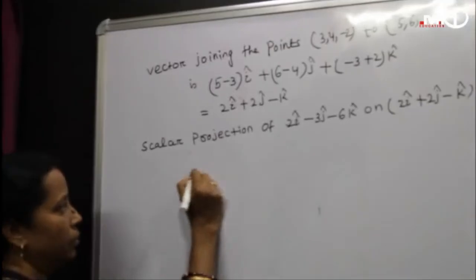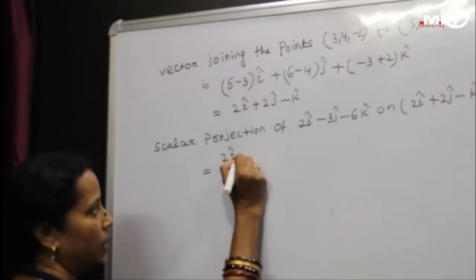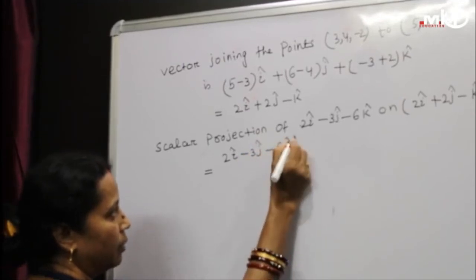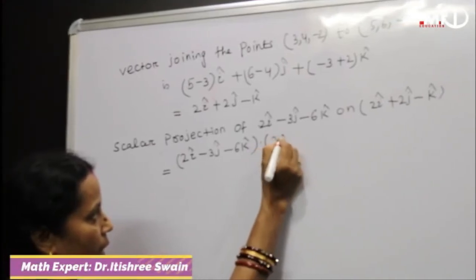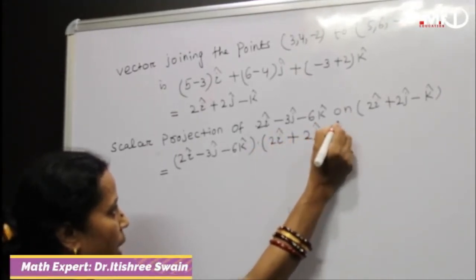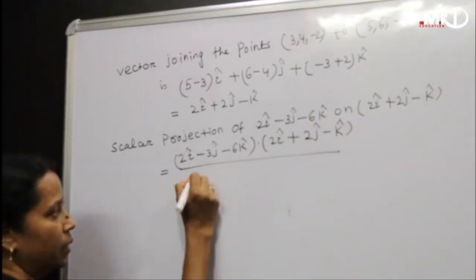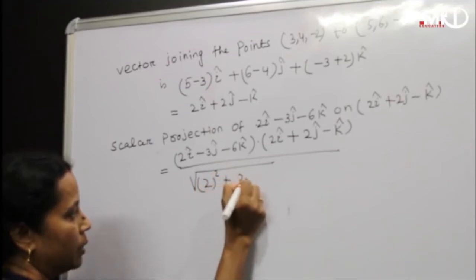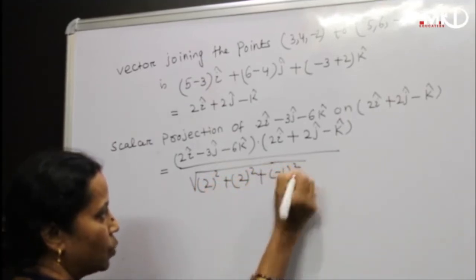So it is equal to the scalar or dot product of these two vectors, 2 i cap minus 3 j cap minus 6 k cap dot 2 i cap plus 2 j cap minus k cap, by the modulus of this vector, that is the square root of 2 square plus 2 square plus minus 1 square.